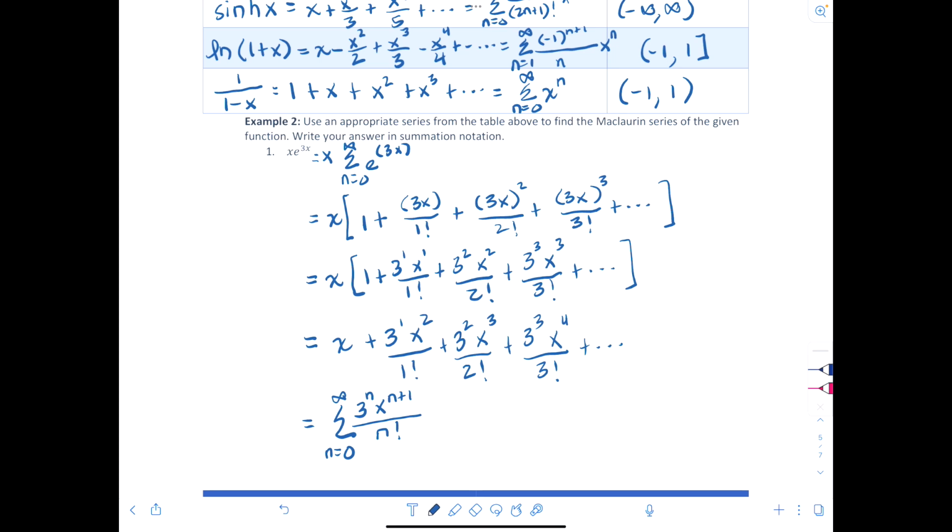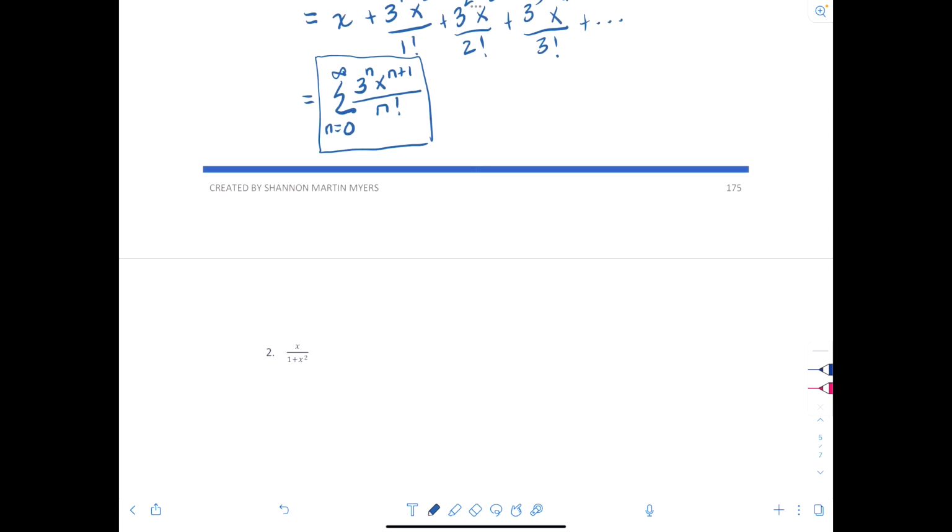And remember that 0 factorial is 1. Cool? All right. There we go. Beautiful.